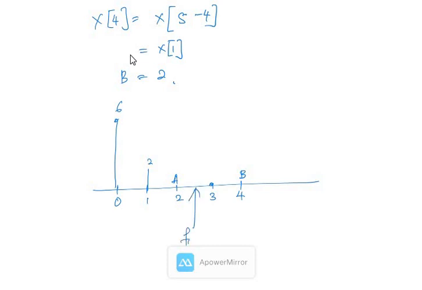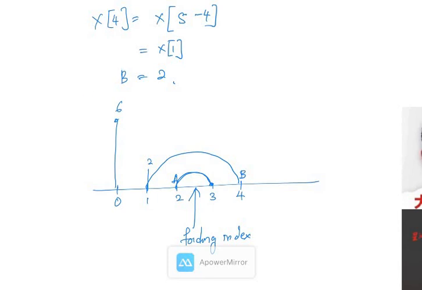So easily we can see that x[2] and x[3] are the same, and x[1] and x[4] are also the same. So this is similar to the folding index.